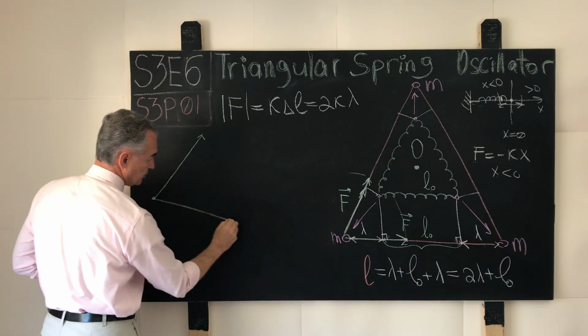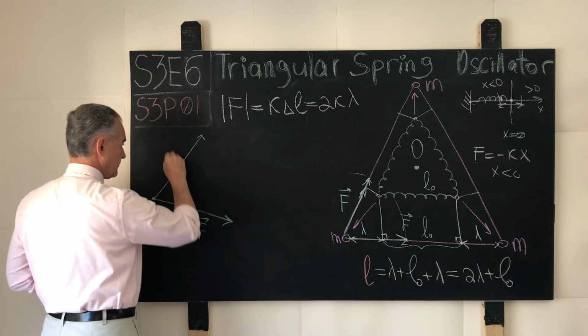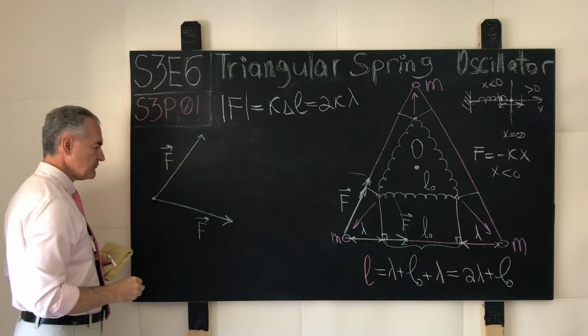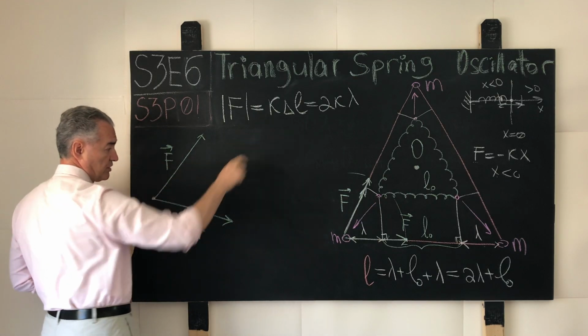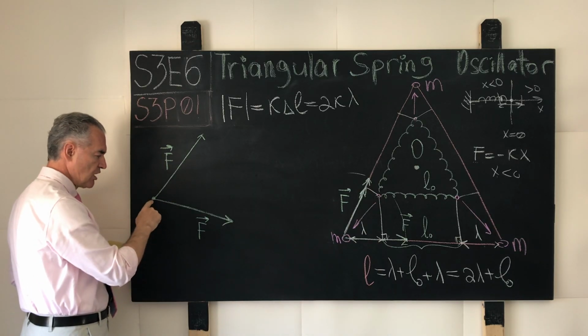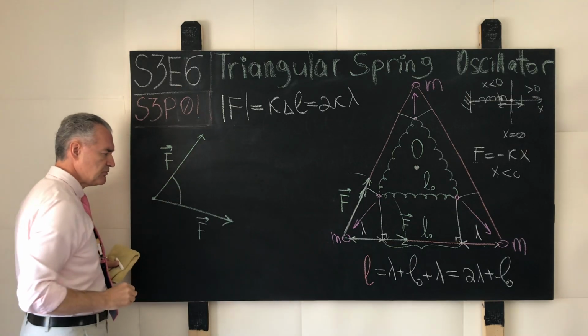So let's say we have two forces, force number one and force number two, both restoring forces. They're equal in magnitude. We know that the magnitude is the same. The directions are known. What is the angle between these forces?